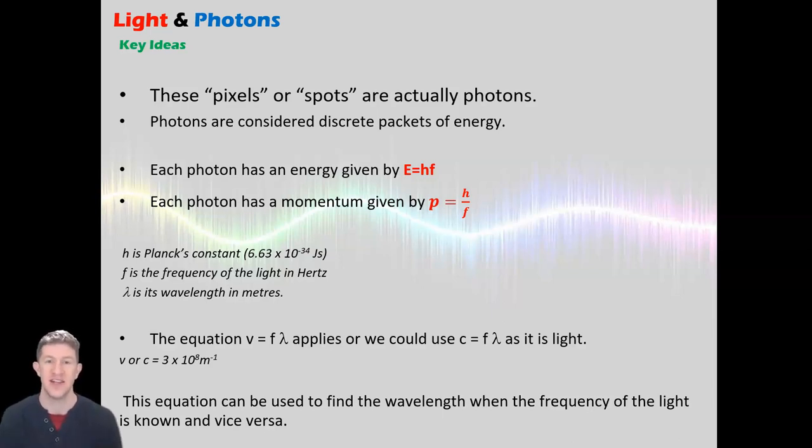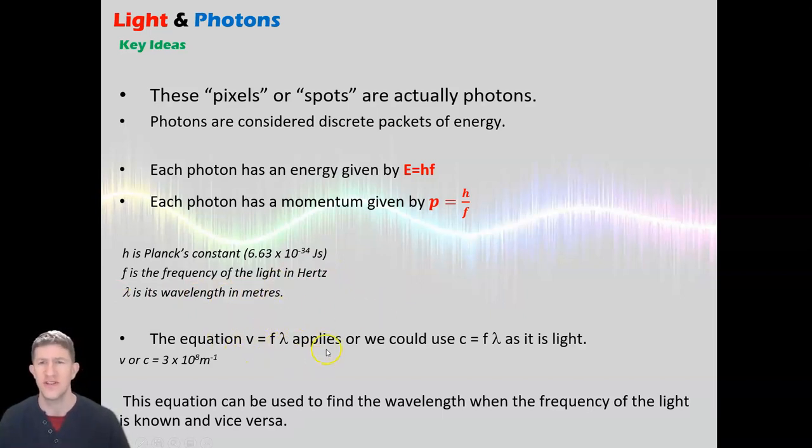Each photon has an energy of E equals hf, and it has a momentum given by p equals h over lambda. I'll break these down a little bit more in a second. The h is Planck's constant, so this will be given to you on your formula sheet. You don't need to know this, just know that h is Planck's constant. f is the frequency of light in hertz, and lambda, as usual, is the wavelength in meters because we're using SI units.